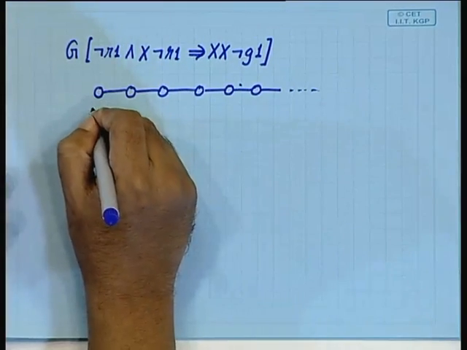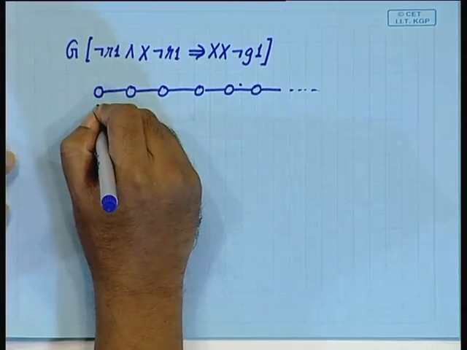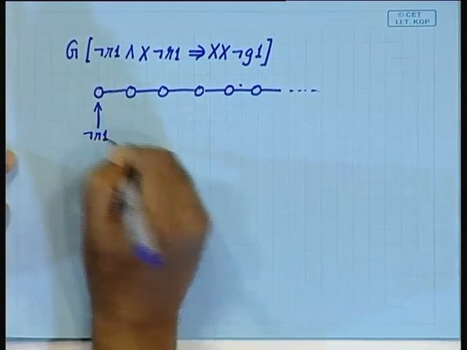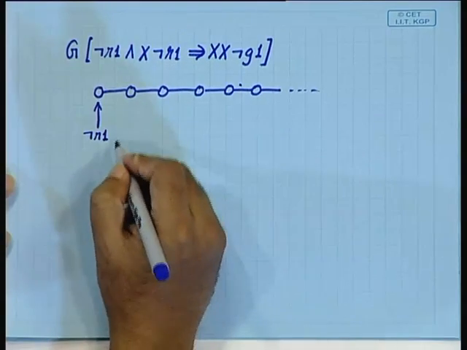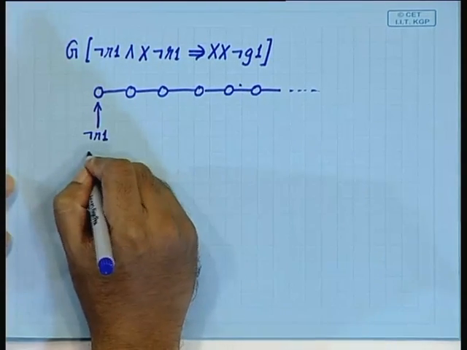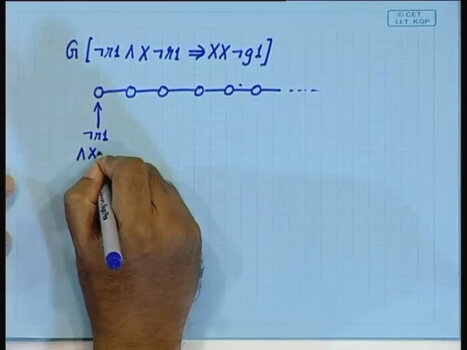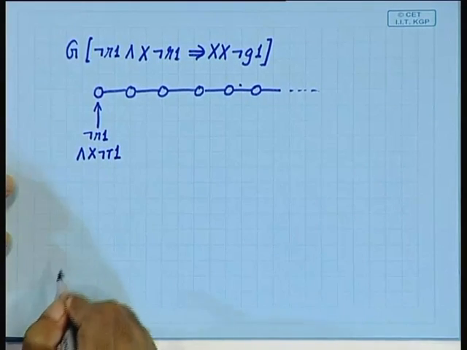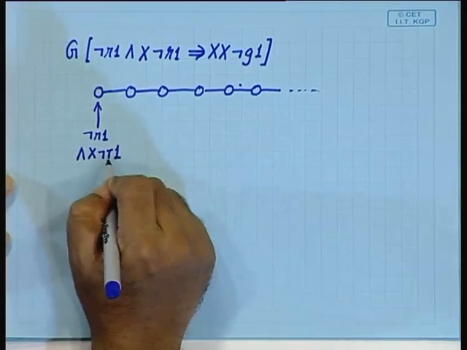So, I am saying that not R1 must hold here, if not R1 holds here, and X not R1 holds here. So, not R1 must hold here, X not R1 must also hold here.